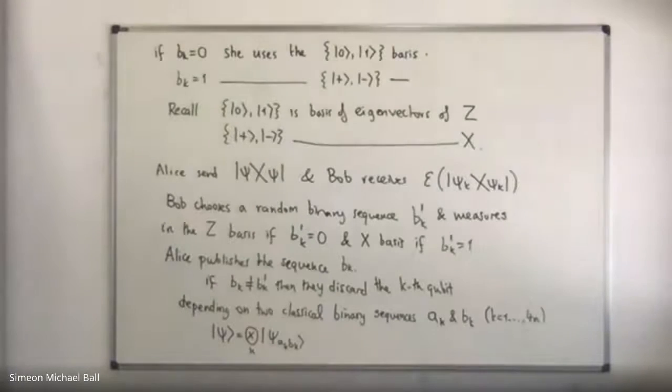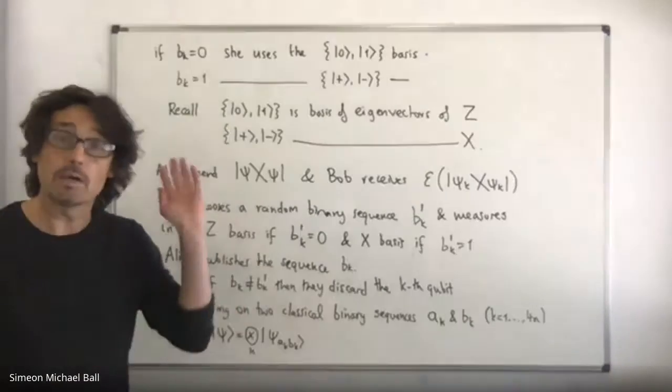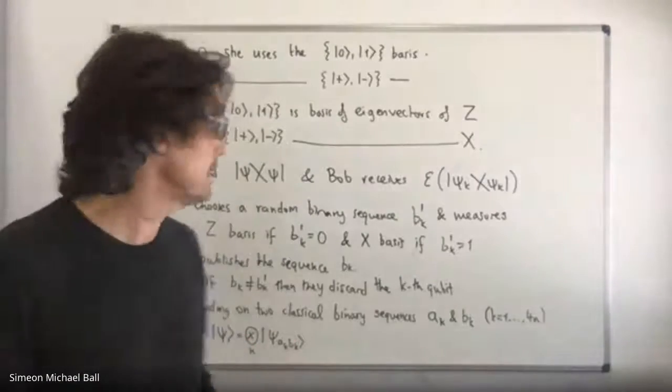So they have 4n qubits, and every time the sequence is different, they throw that qubit away. So they've got roughly 2n qubits left.